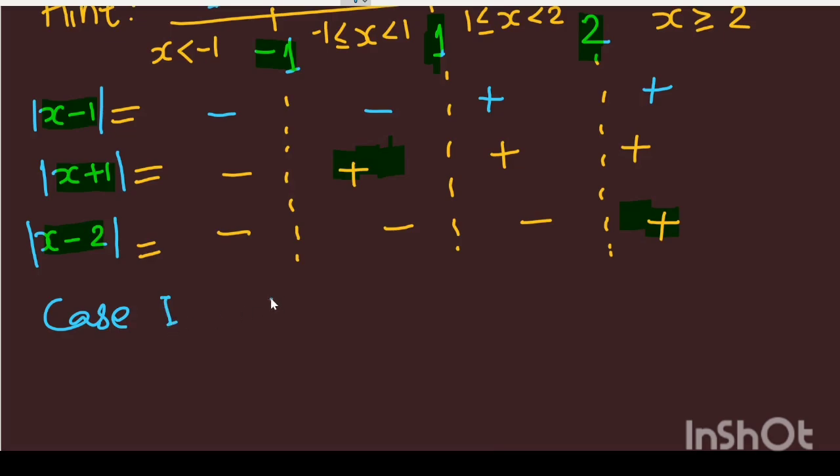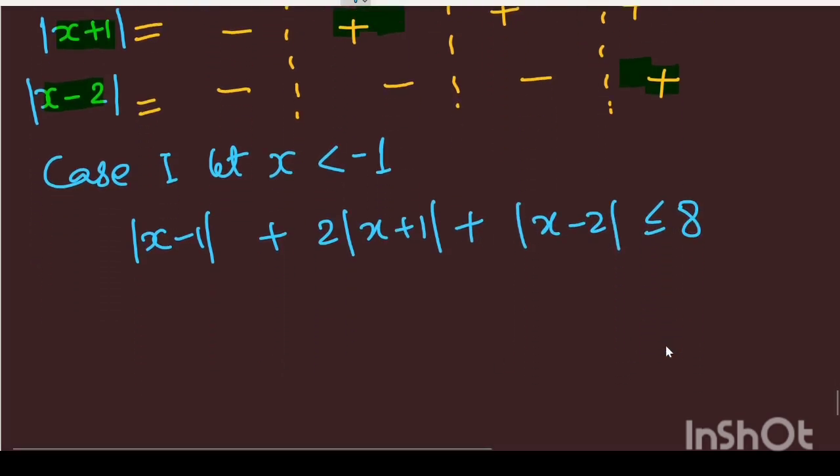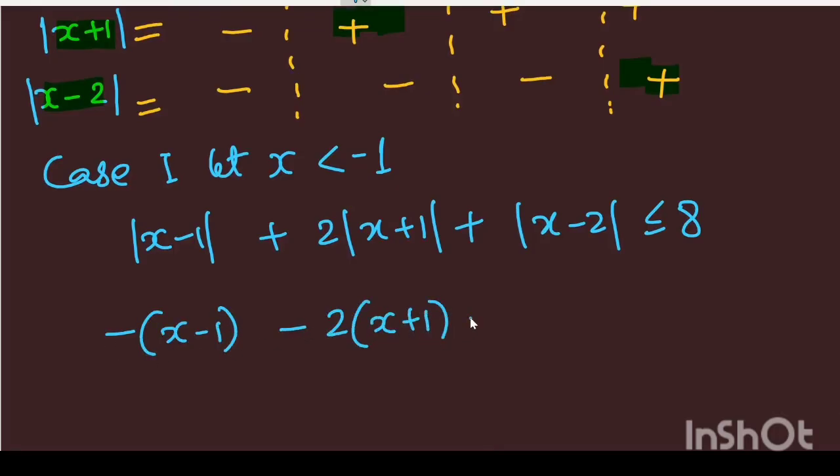when x is less than minus 1, let's assume. So in the question, these all the 3 moduluses would be replaced by minus signs, guys. So minus of x minus 1, minus of x plus 1, minus of x minus 2, less than or equal to 8.